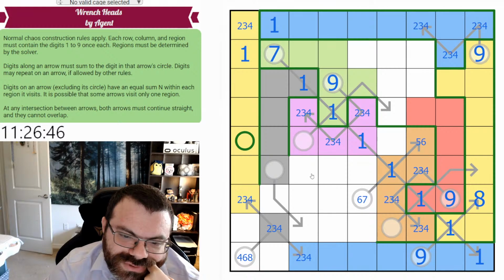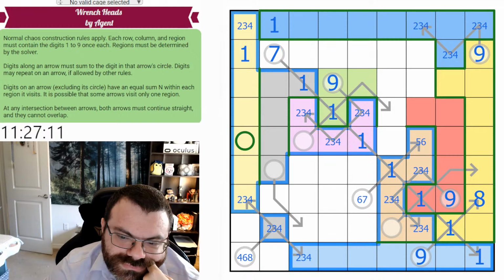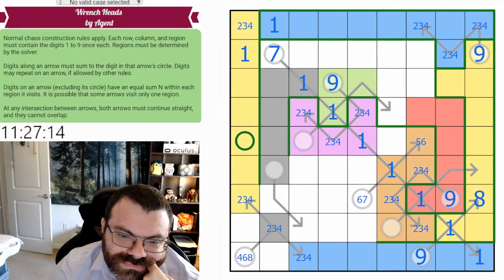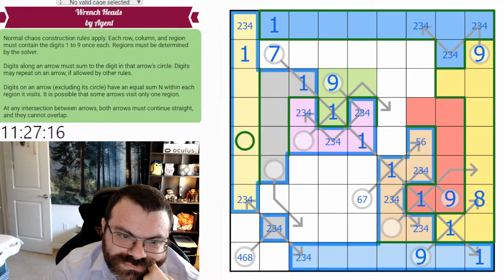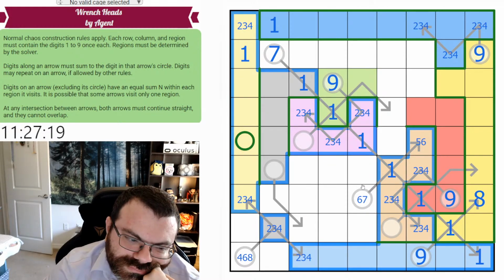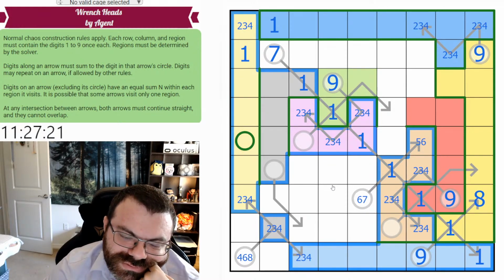They can take exactly one more cell. The count was off.